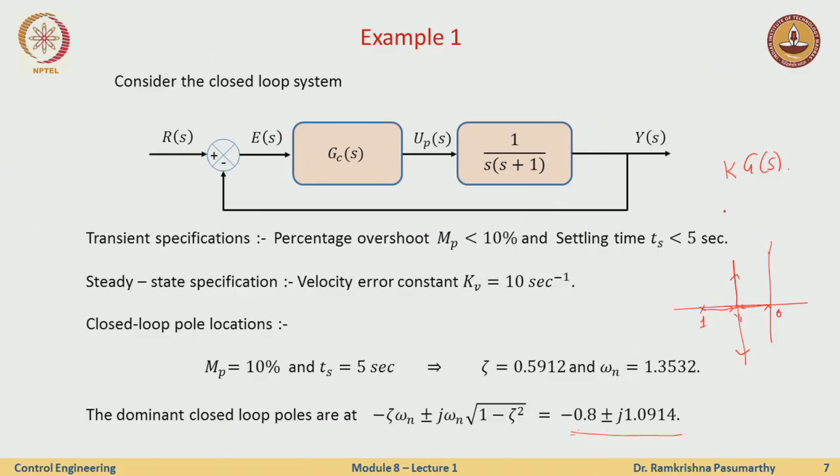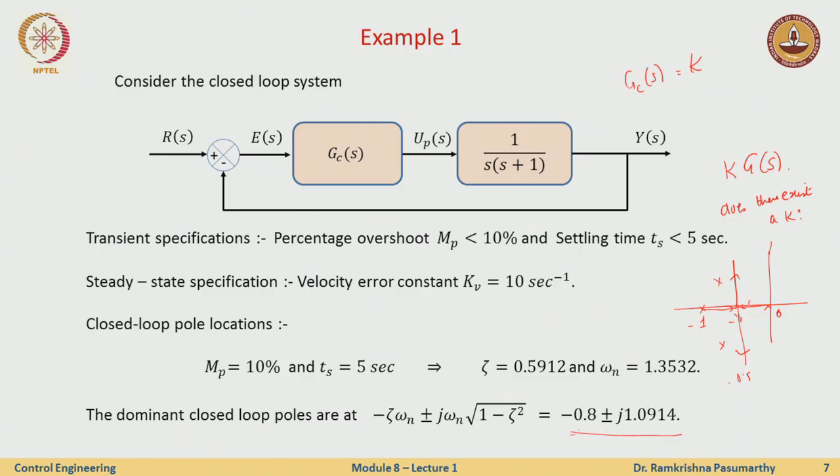Okay. Now, does there exist a K? Right. So, if there exists a K, then my GC would just be that K, just a proportional controller would satisfy that. So, here I can easily see, right. This line is minus 0.59, this is minus 1, this is minus 0.5, and my dominant poles are somewhere here.